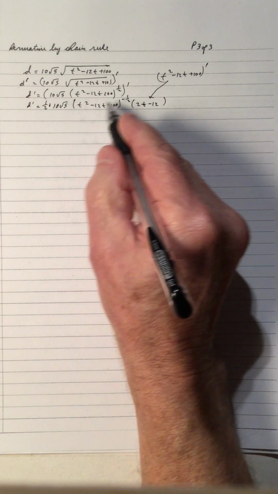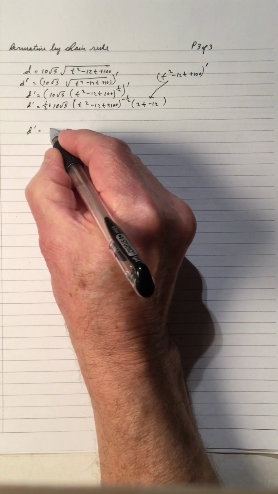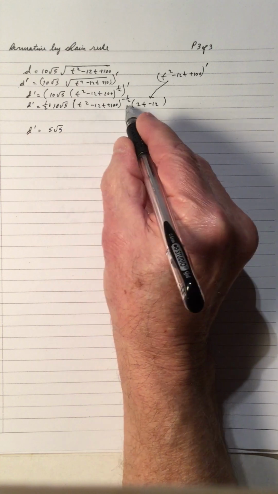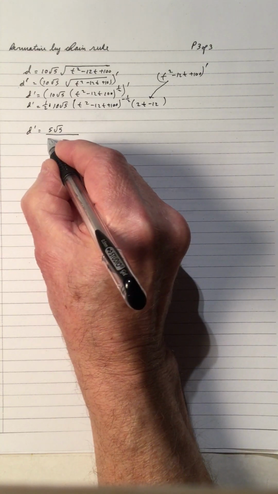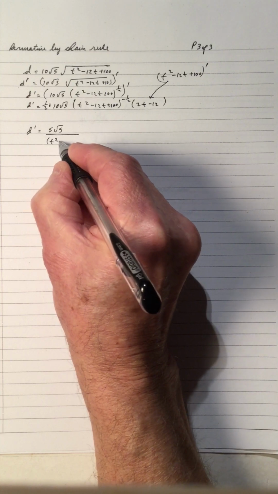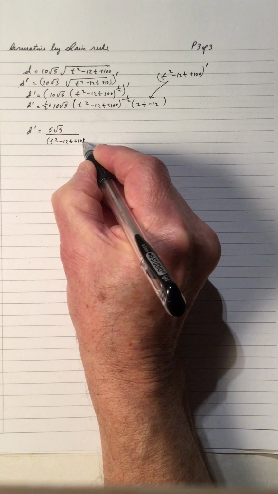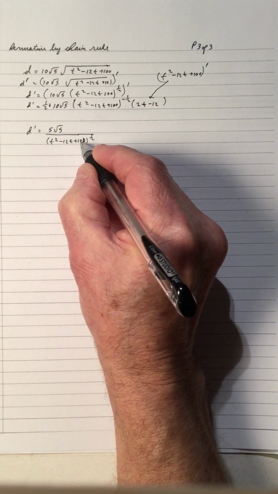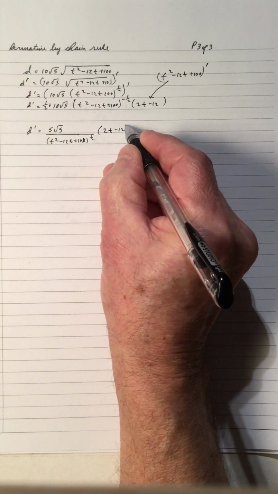So now that I'm using the chain rule, I got d prime is 5 root 5, and this is a half negative, so this is t squared minus 12t plus 100 to the 1/2. Because it's negative, it goes to the denominator, times 2t minus 12.